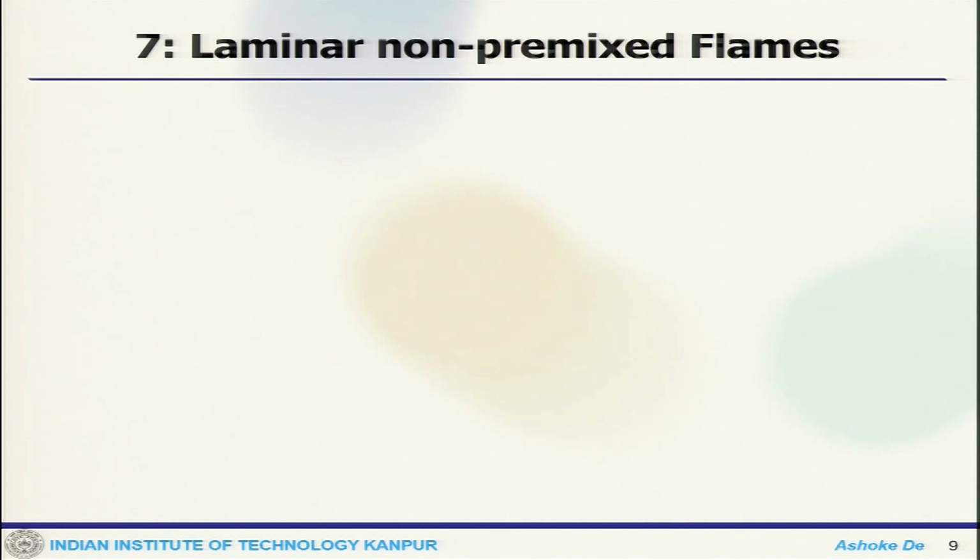Now, we assume a simple conical laminar diffusion flame. Here molecular diffusion is considered only in the radial direction.